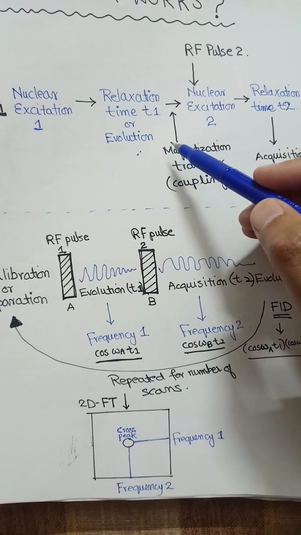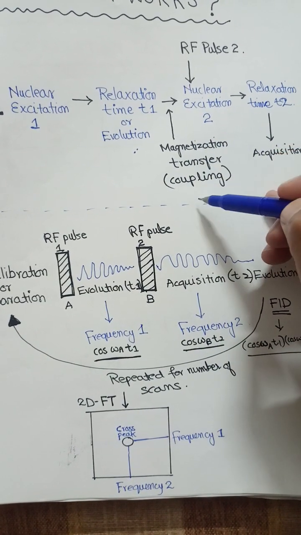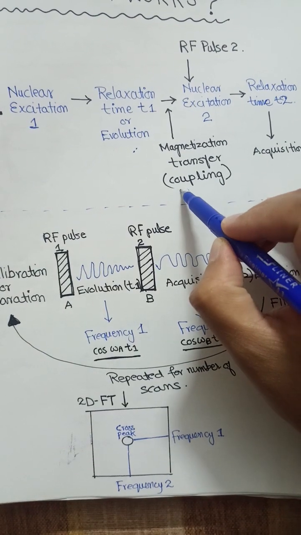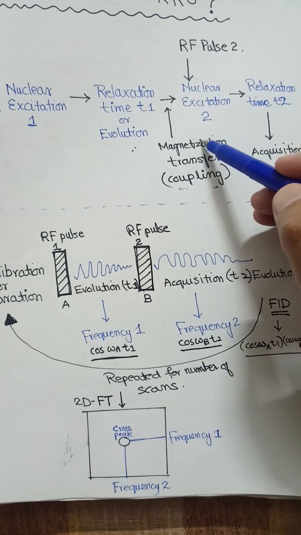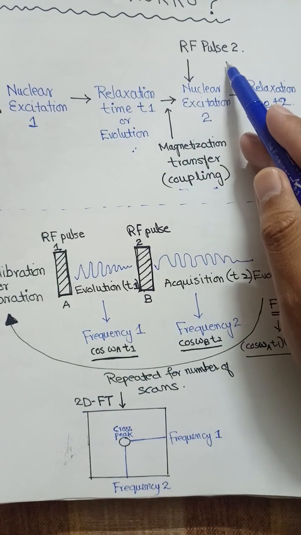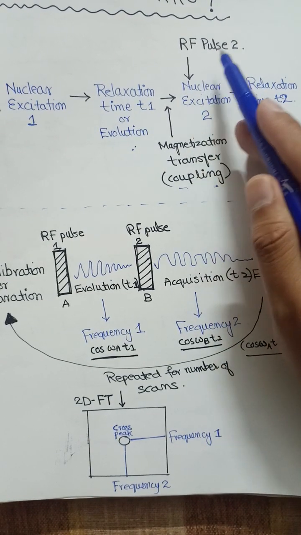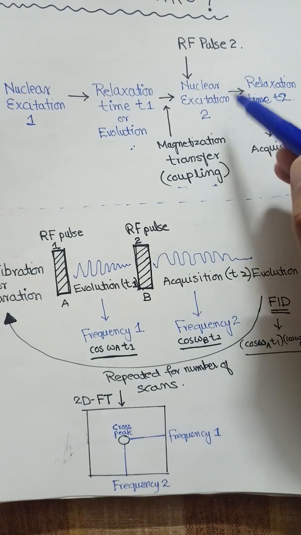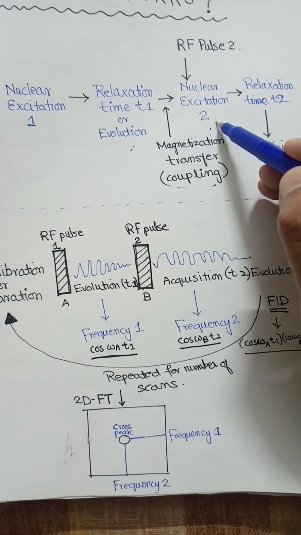During this spin relaxation, there may be magnetization transfer for the protons or carbons which are coupled to each other. After this magnetization transfer, we use another RF pulse, which is also a 90 degree x pulse, which causes nuclear excitation 2. So this is the second excitation.